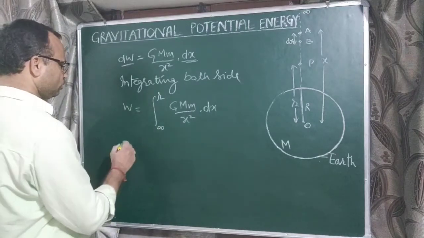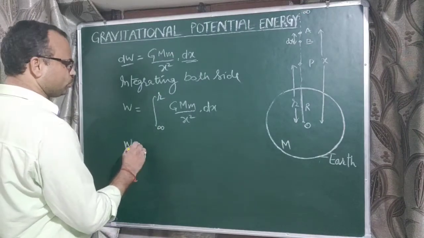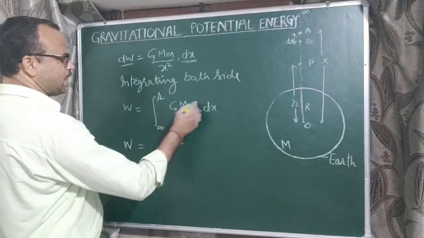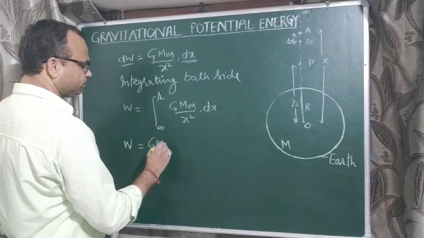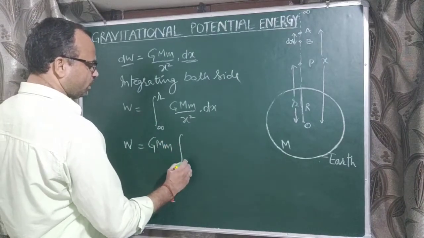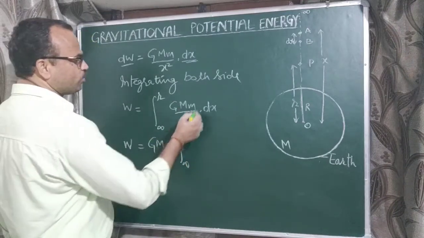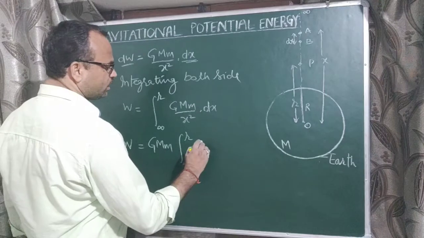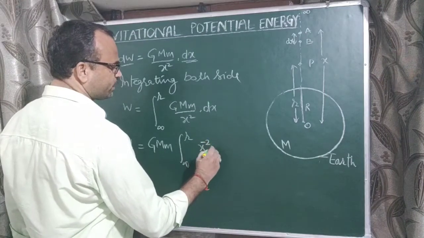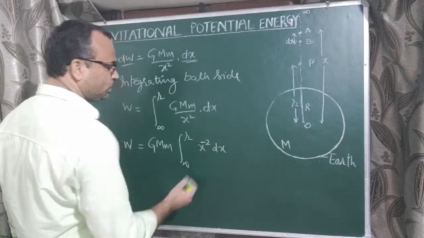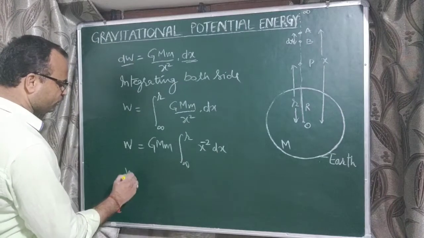So W equal to GMm, a constant, taken outside, the integral from infinity to r of x raised to the power minus 2 into dx. Now apply the integration formula.